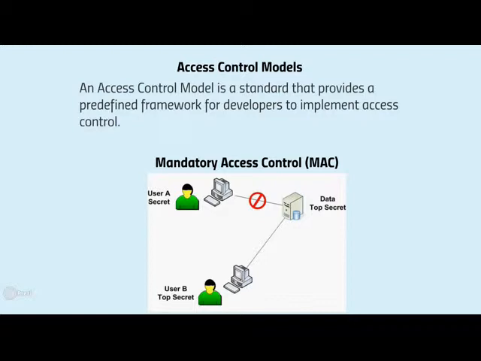Subjects, the users and processes, are assigned a privilege label, sometimes called a clearance. These levels are a hierarchy based on the labels, both for objects and subjects. Top secret has a higher level than secret, which is a higher level than confidential. You can only access the levels if you have the correct label.